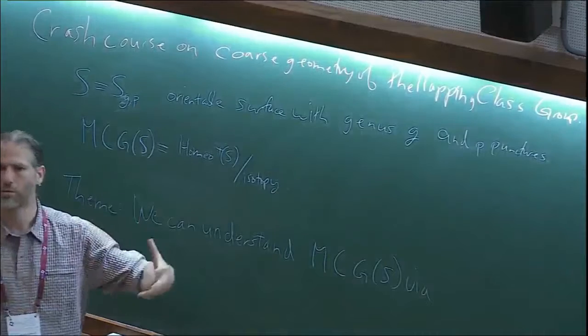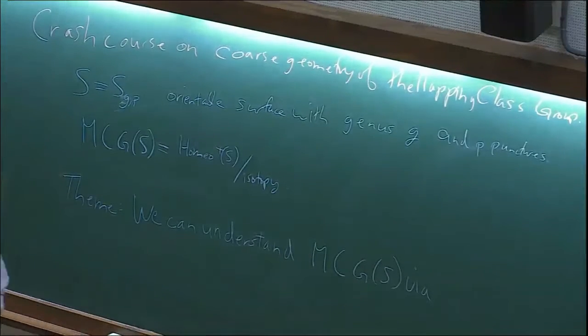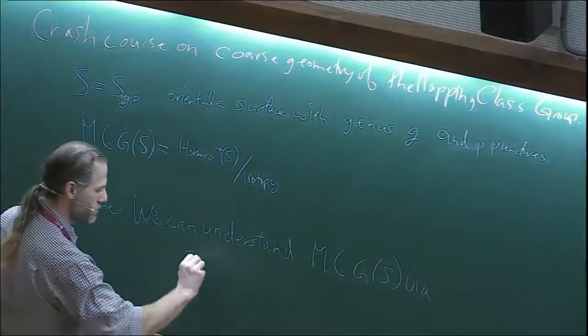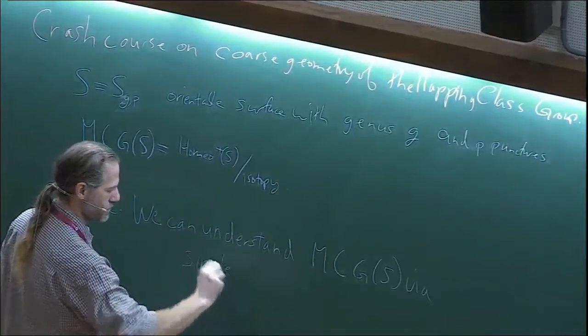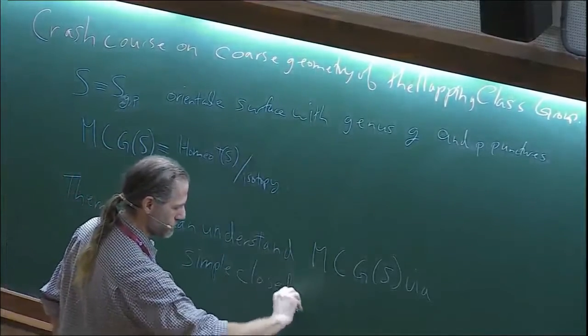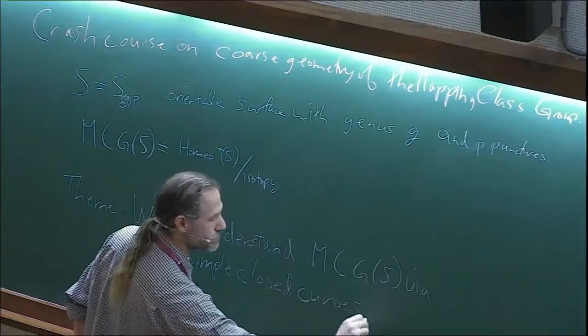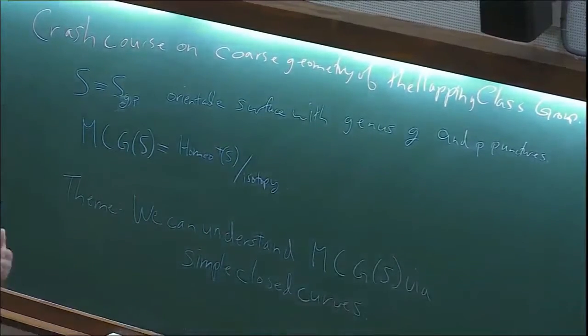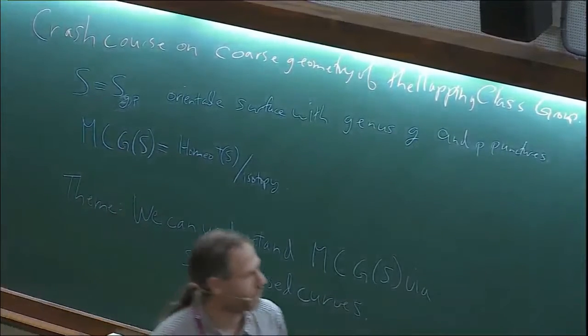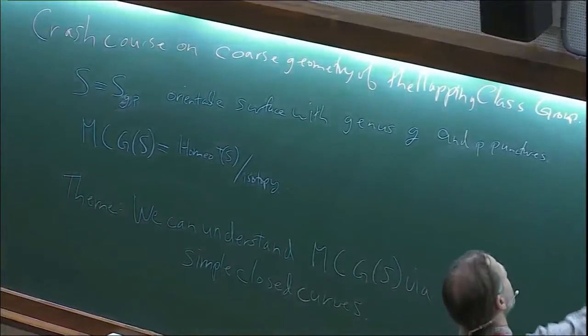This is sort of a group of homeomorphisms taken up to isotopy, and we can understand the mapping class group via just simple closed curves. Okay, so I want to sort of lay out some of the machinery for doing that, and then some of that machinery will get generalized in the future talks.